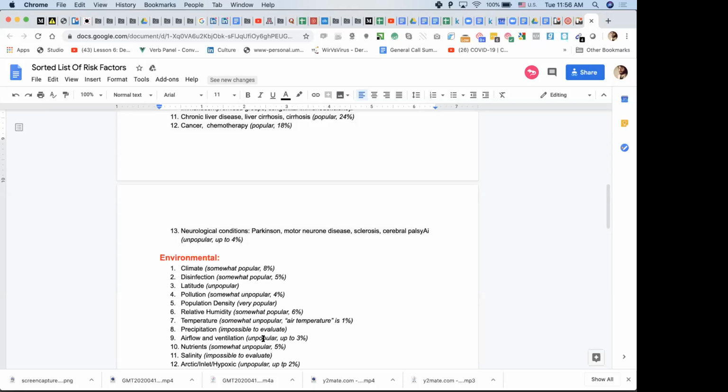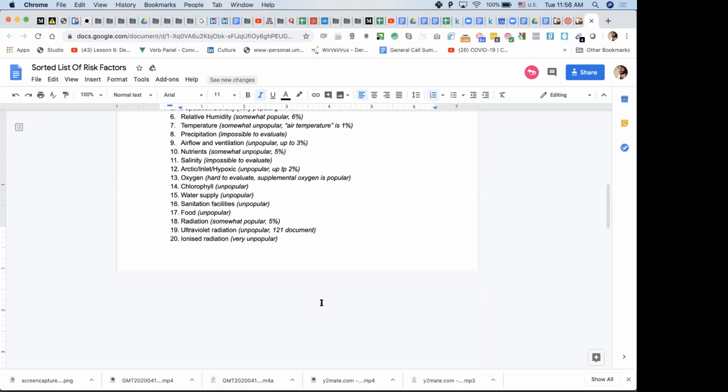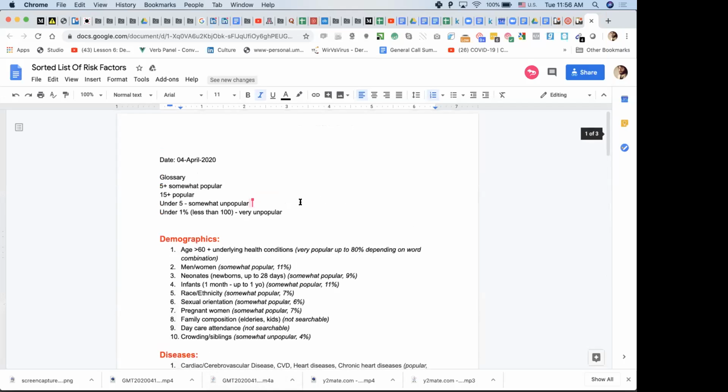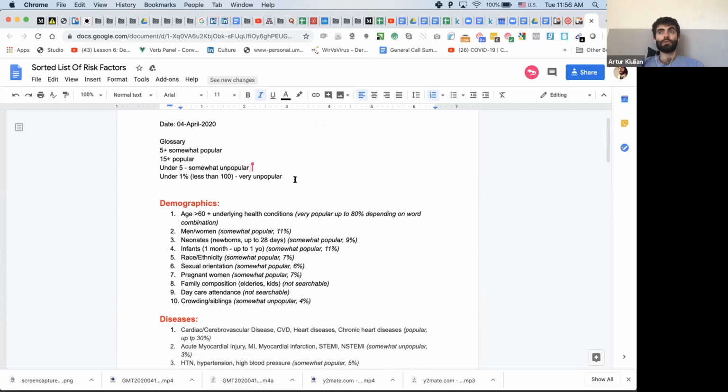Are you sure? Wait, this was before MD input? Because this looks like the final list. There was another list that was much shorter and much less comprehensive than this one. Okay, so there was a first list that Maya started. Then I jumped in and said that we need to expand the knowledge base to understand what is out there in terms of things we don't know.